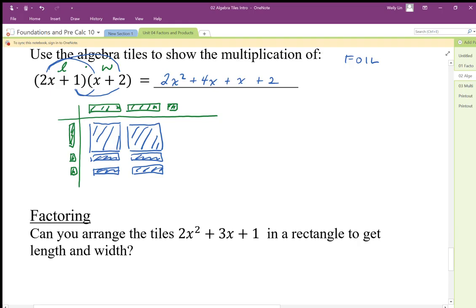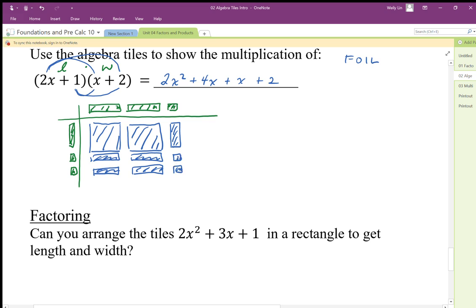Then the inside is going to be the 1 here, which interacts with both the x and the plus 2. We can see that in the area, it interacts with this edge length of x and this edge length of 2. That's going to be our inside. 1 times x gives us the 1x here, and then the 2 times 1 gives us the 2 1's over here.